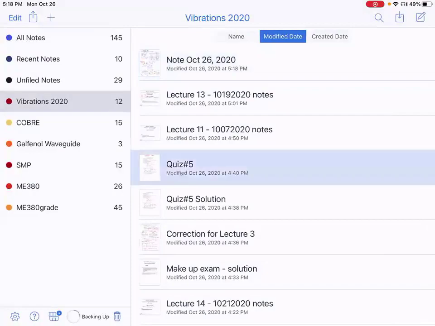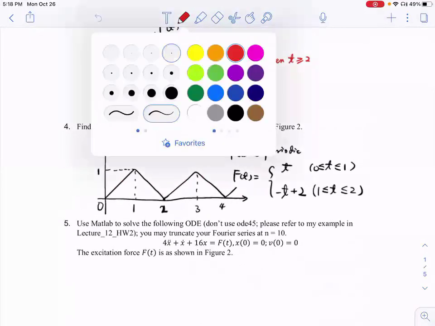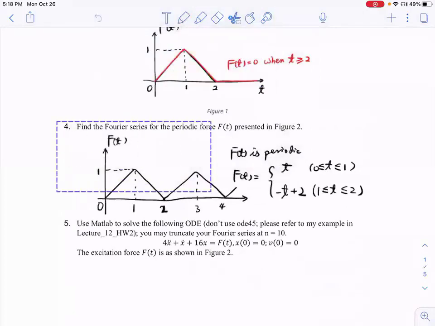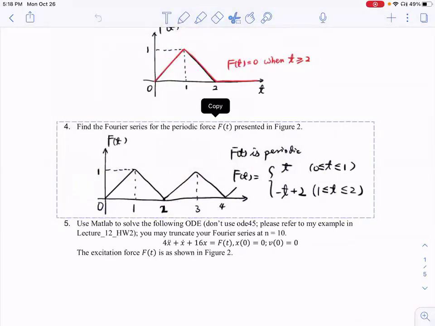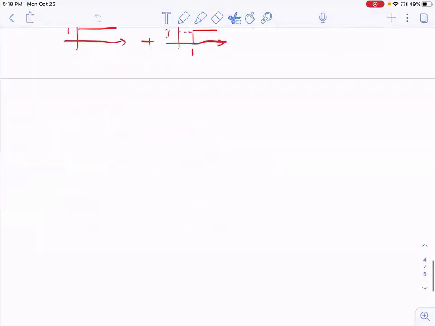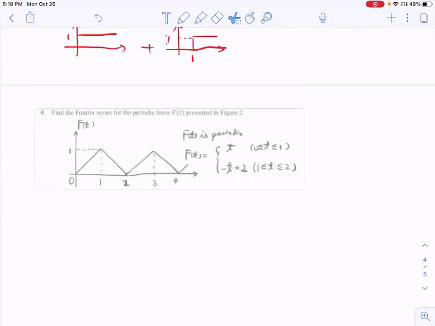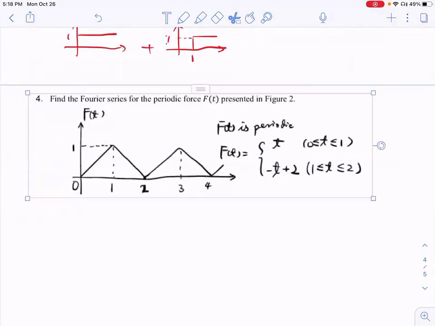Okay, so what is Q4? Q4 is for Fourier series. You have a periodic function and you want to find the Fourier series of this periodic function. So what does that mean? What is the Fourier series?